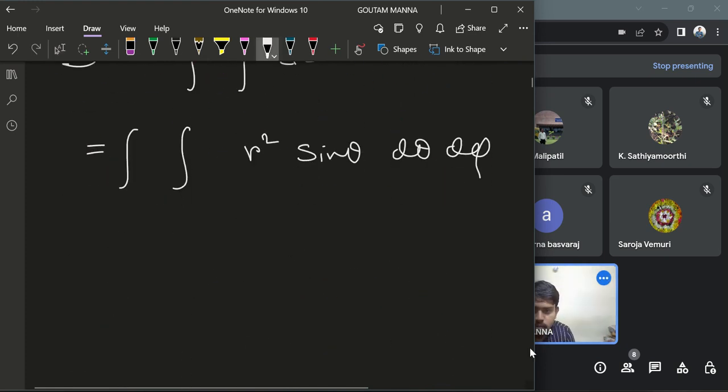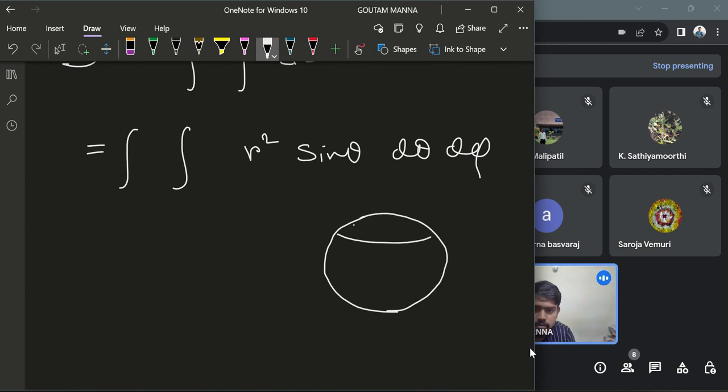This is the sphere and this is the cut where the cone cuts. So this will be x square plus y square equals 1.